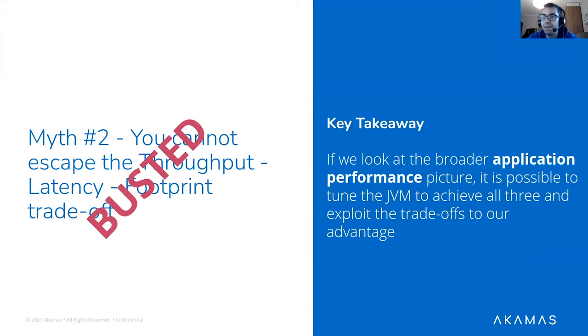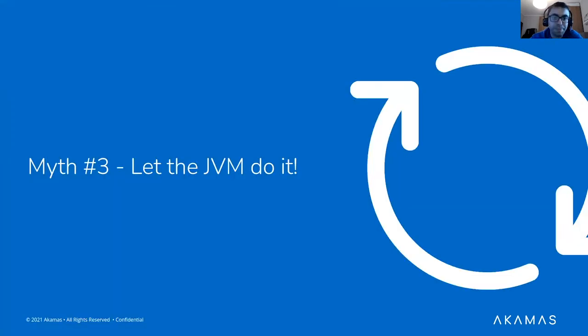You can't get latency, throughput, and low footprint all at the same time when you design an algorithm like the garbage collector. But in some way, this principle doesn't take into account what happens to the actual end-to-end system performance. If we consider the entire optimization space, we can find configurations that actually improve throughput, latency, and footprint at the same time. I think this is an important concept to remember.